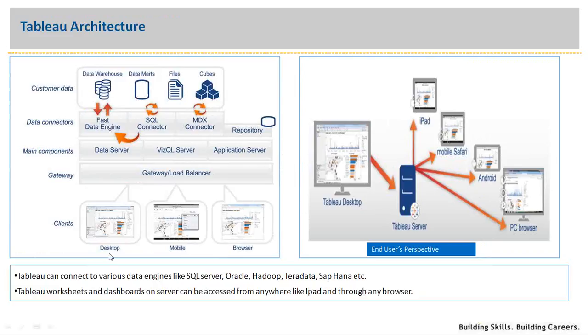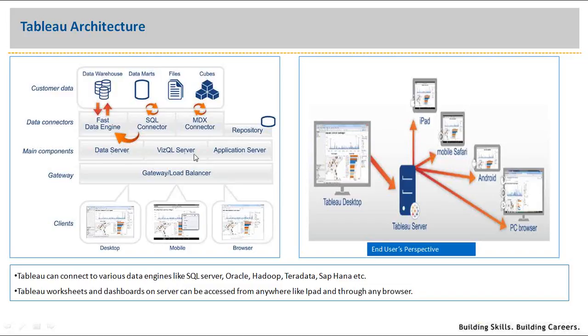This is the architecture of Tableau. The client is sitting here, using either a desktop, a mobile client, or a browser. They can connect to the company gateway or load balancer, and that will take you to the data server and application server.